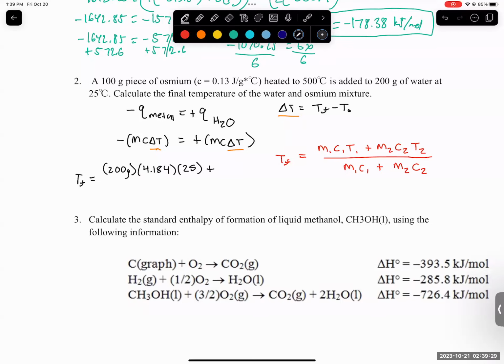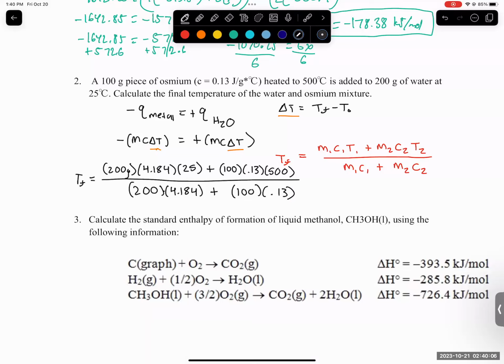And that's multiplied by the mass of the metal, specific heat of the metal, and the initial temperature of the metal was 500 degrees Celsius. And that's all divided by the mass of the water again, times the specific heat of the water, plus the mass of the metal, which is 100, times the specific heat of the metal.